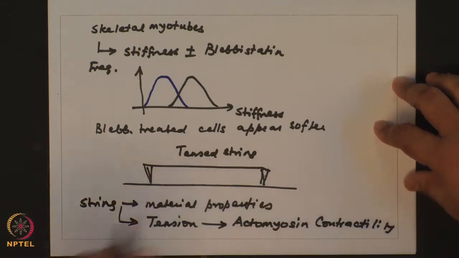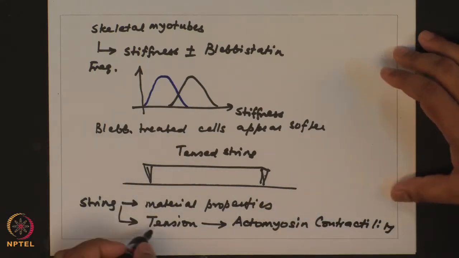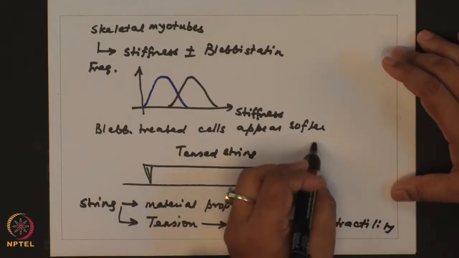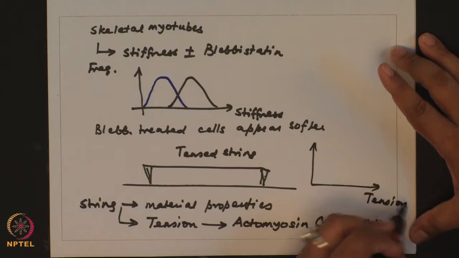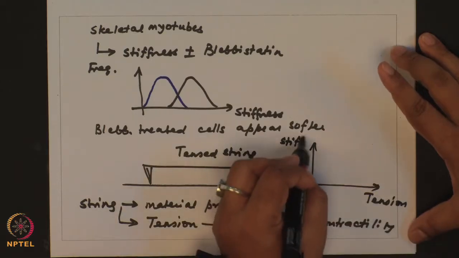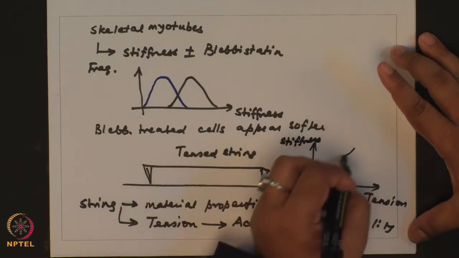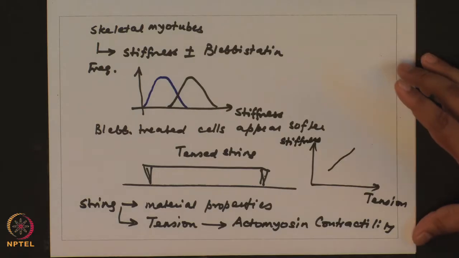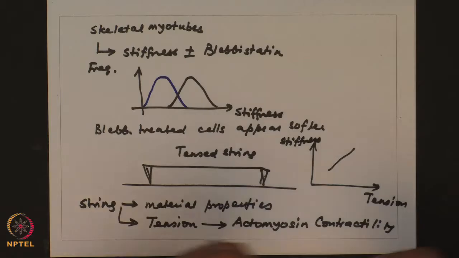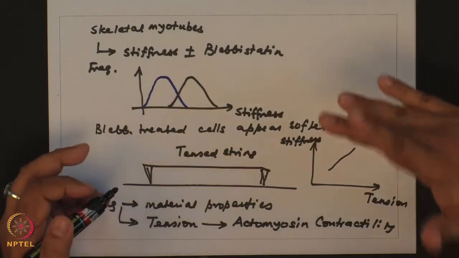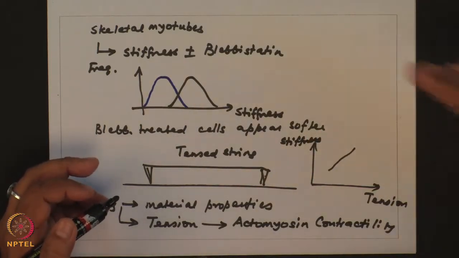If you inhibit the tension, in essence if I relate the tension to the overall stiffness that you measure, this should be a straight line. The greater the tension you impose, if you pull the string and then try to deform it, you need extra force to deform it.